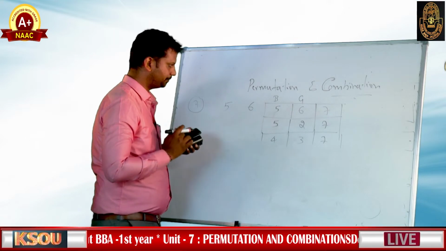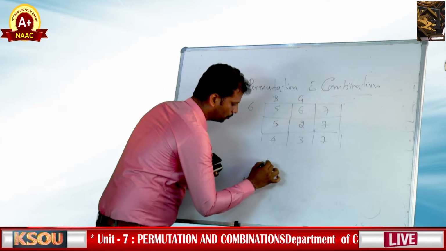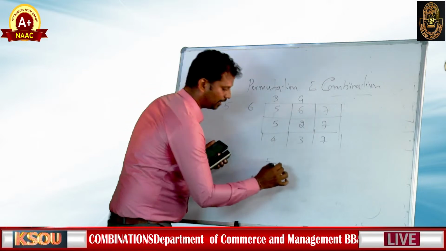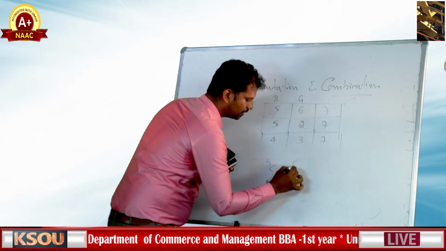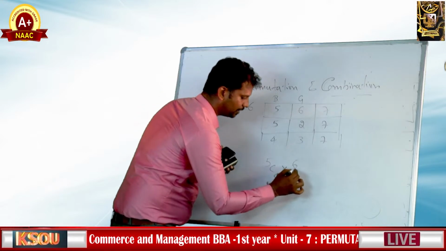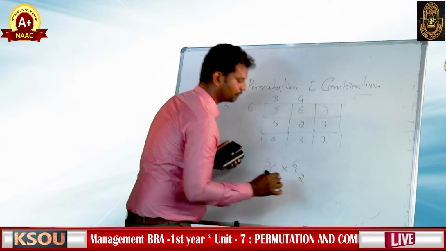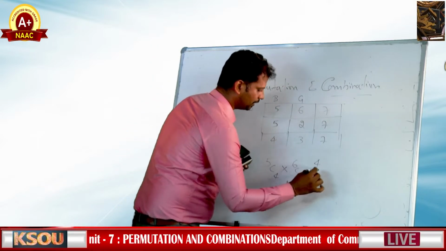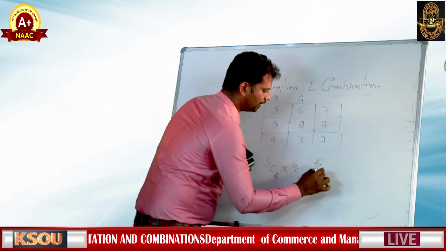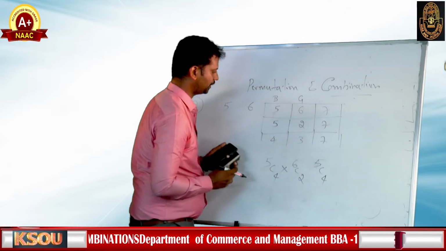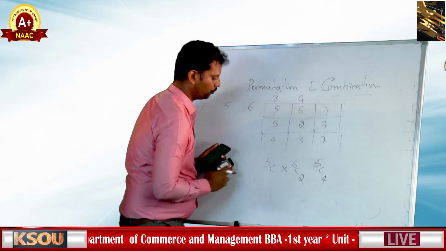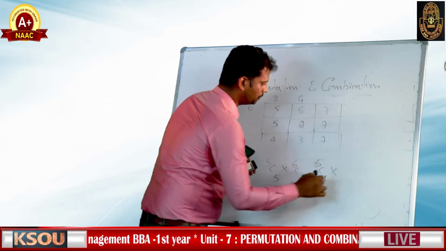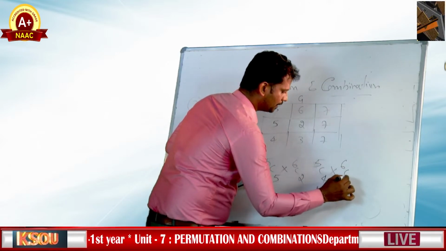Out of 5 boys, you can select 4 boys, and out of 6 girls, you can select 3 girls. Or out of 5 boys, you can select all 5 boys, and 2 girls. So 5C5 into 6C2, and 5C4 into 6C3.